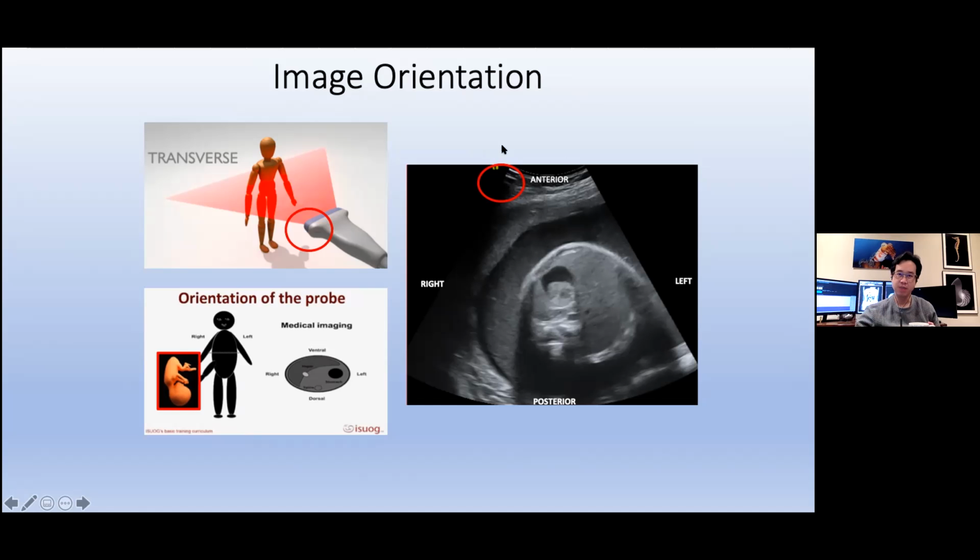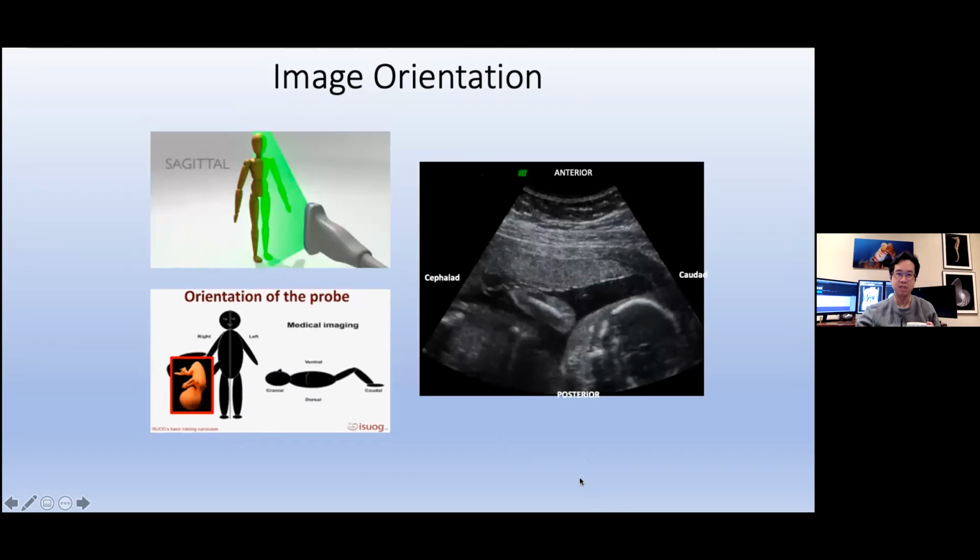That mark on the image denotes where the notch or marker is on the probe. So you will always know the orientation of your probe based on where this little dot is. Take a look at that next time you're scanning someone. That will tell you exactly which orientation the probe is placed.